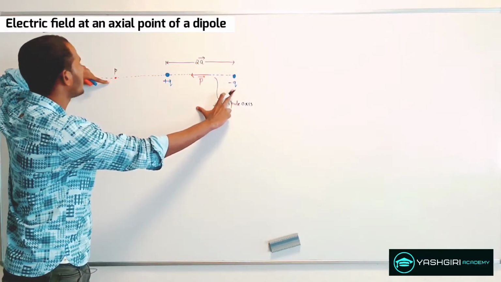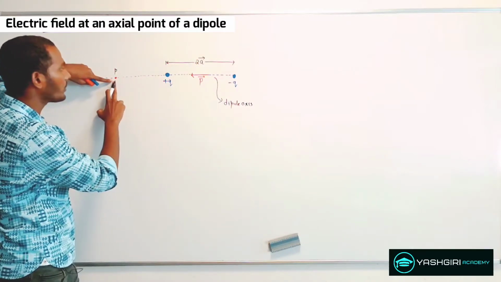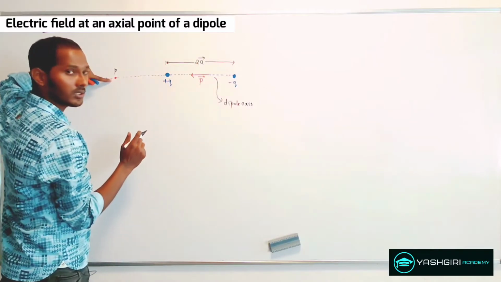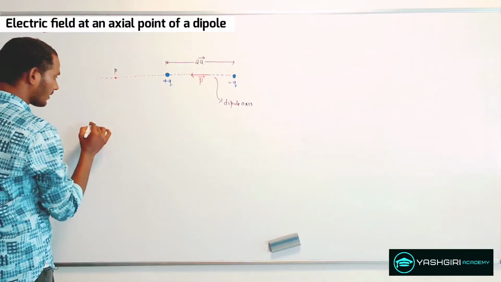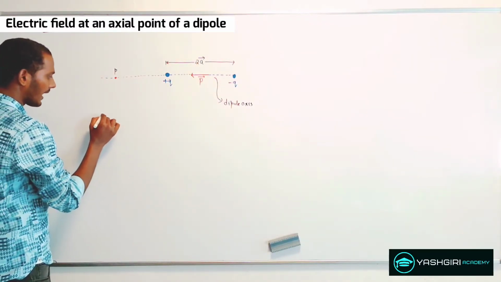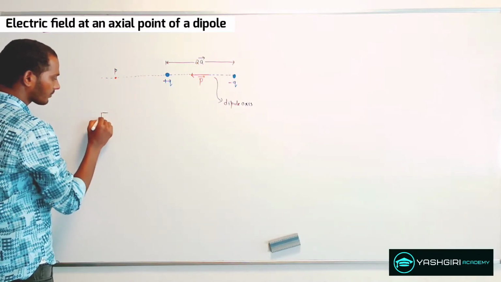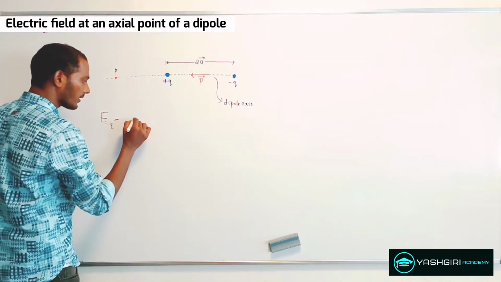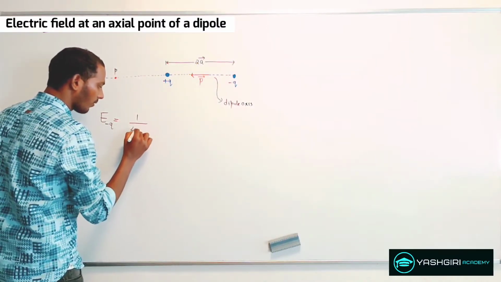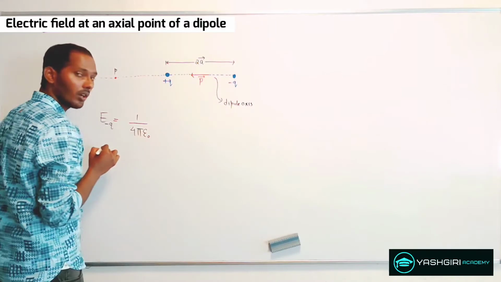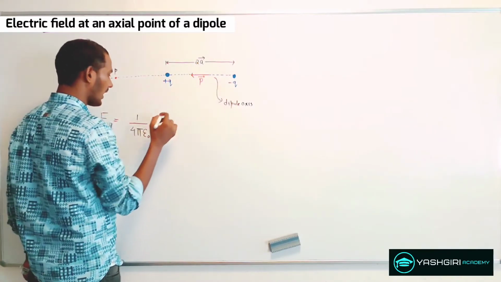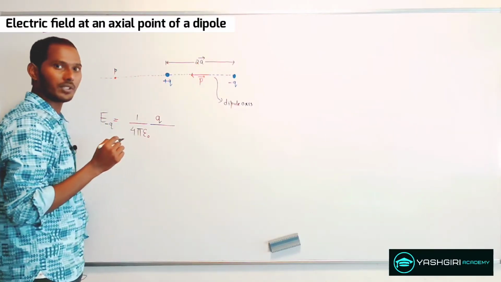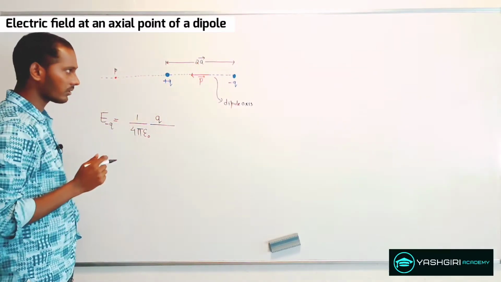The electric field that will be produced at this point P by this negative charge is given by 1 upon 4 pi epsilon naught into the magnitude of this charge, q, by the square of the distance at which you are going to measure.